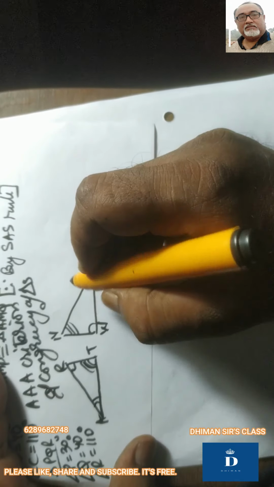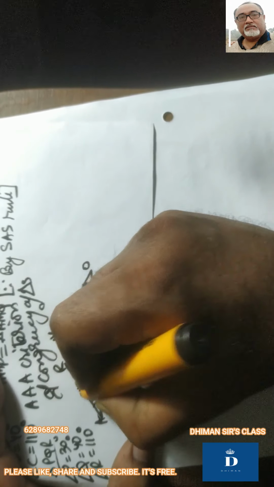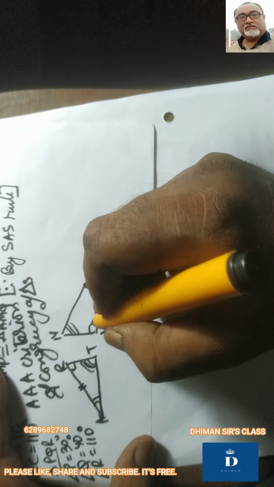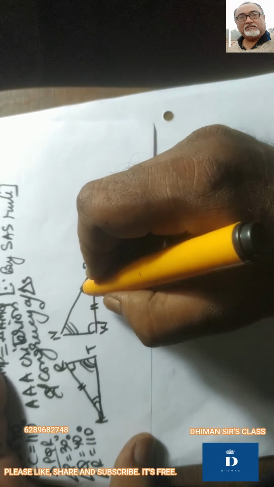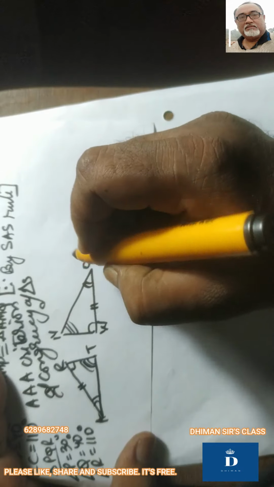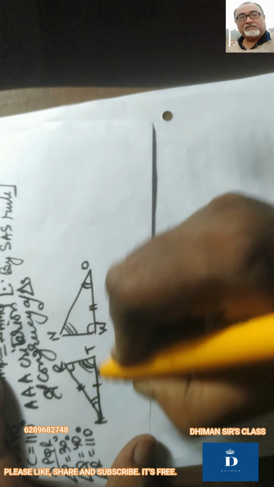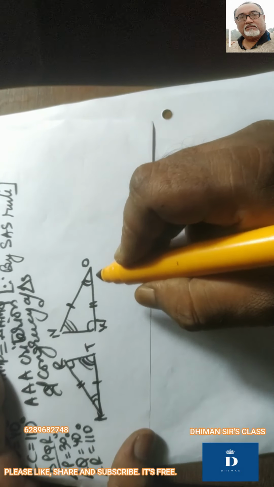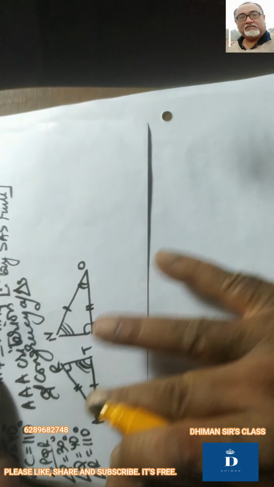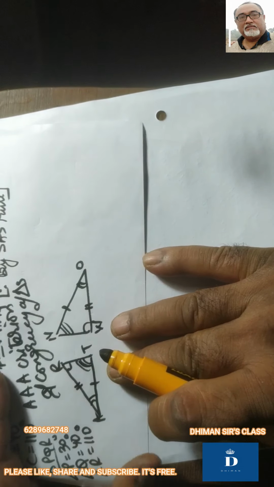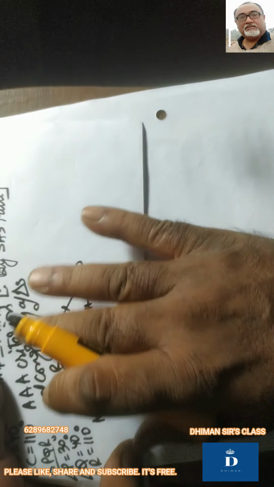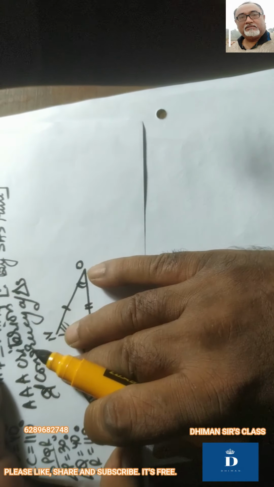And AR is equal to OW, and AT is equal to NO. Now, these are the corresponding parts that are given in the question, that are marked.